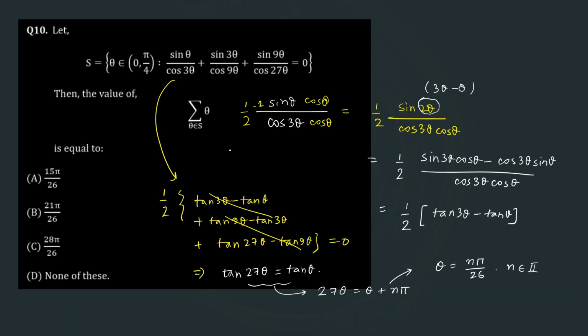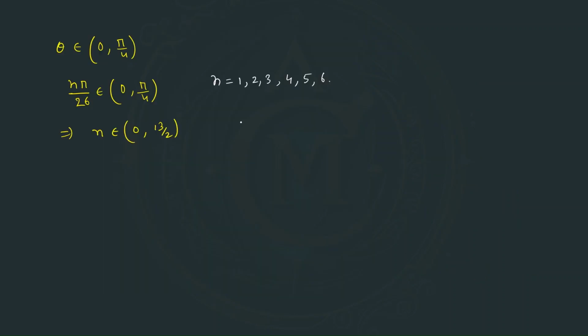Now the corresponding values of theta will be pi by 26, 2 pi by 26 and so on up to 6 pi divided by 26. So if we are to calculate summation theta for theta belonging to this set S, it will be equal to pi by 26 times summation n from n equal to 1 to n equal to 6.